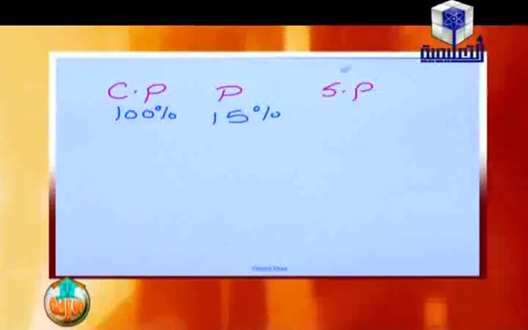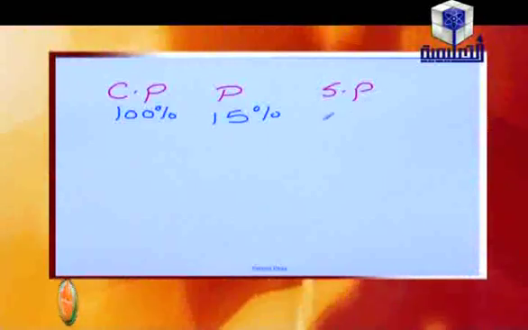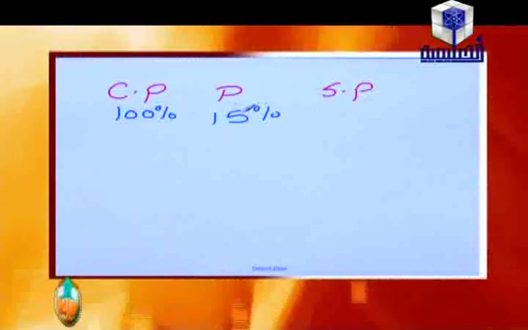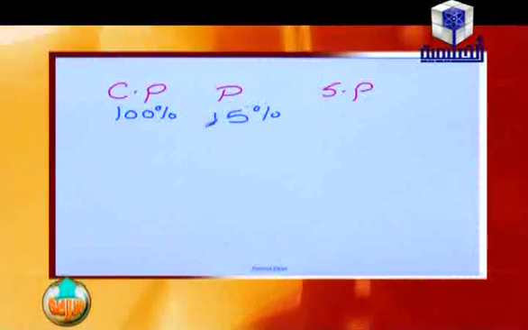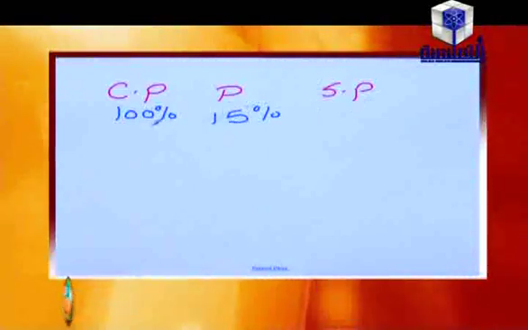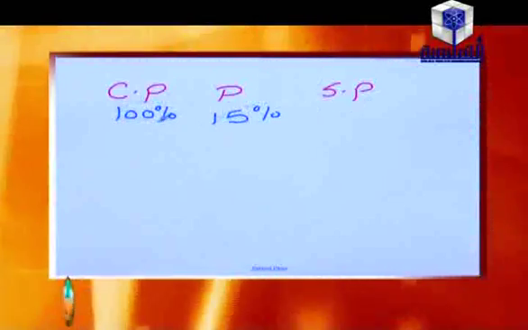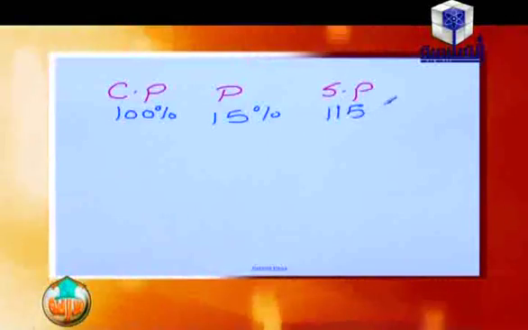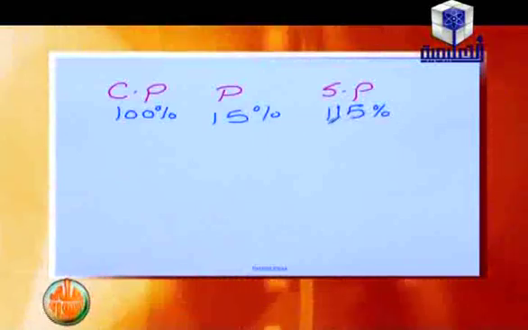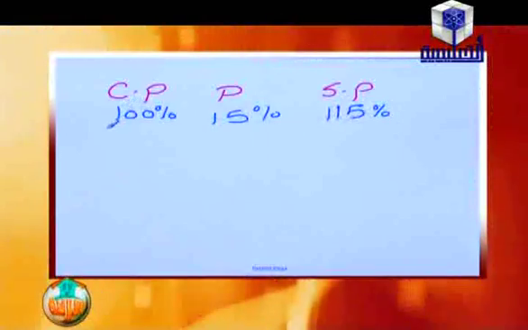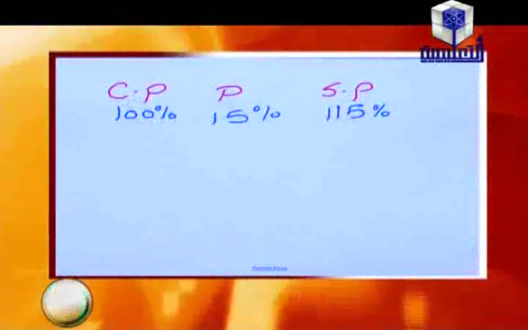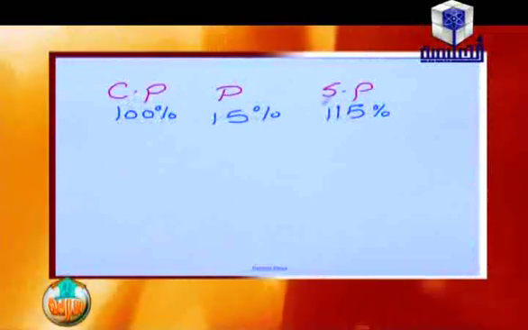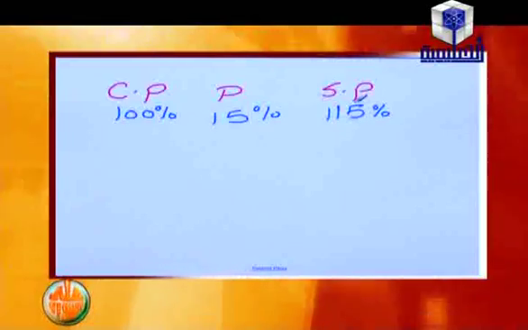Then the selling price will be the addition of cost price and profit. By adding 100 plus 15, it will be 115%. So cost price equals 100%, profit equals 15%, and finally the selling price is given by the addition of cost price and the profit.